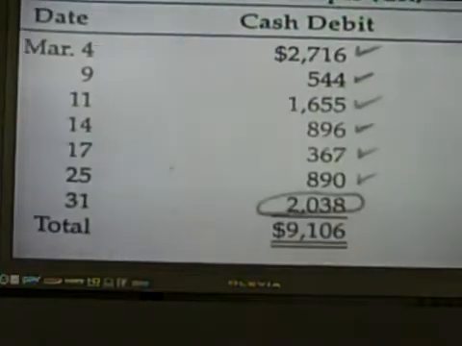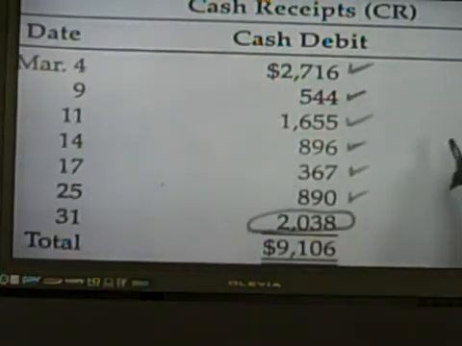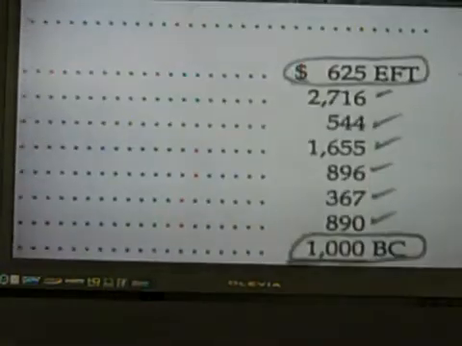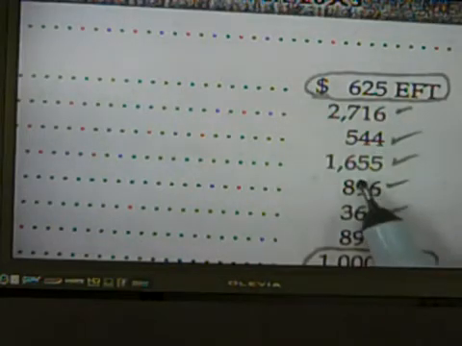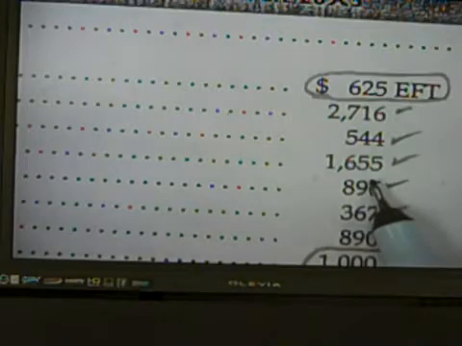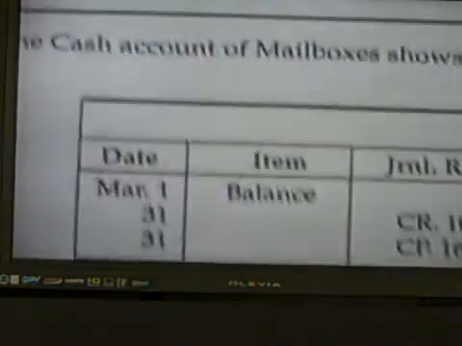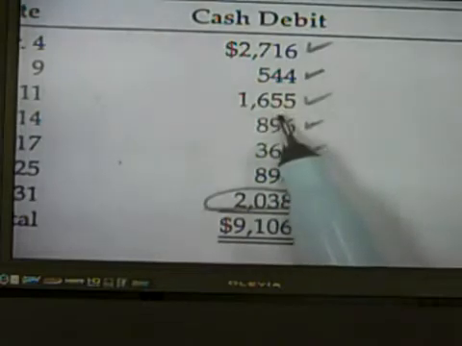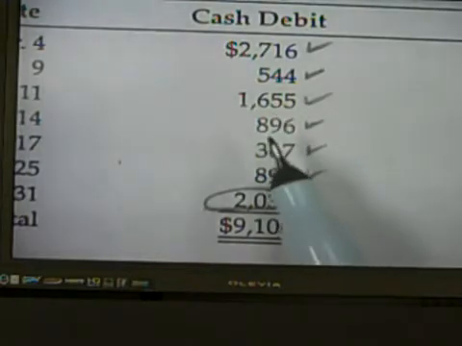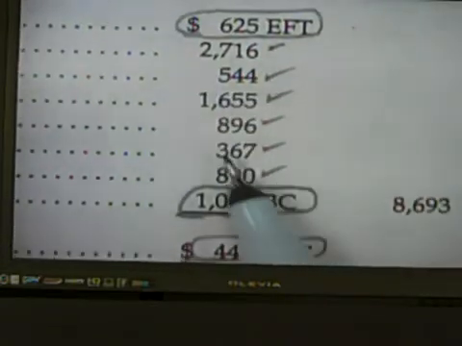Okay, then the books had $544 deposited. Let's see if the bank got that deposited. Yes, there it is, $544. Check both of those off. Then according to the bank statement, there was a $1,655 deposit. Did we get that on our books? Yes, we did. There it is. So that was deposited. We show on the books $896, a receipt. Do they show it on the bank statement?